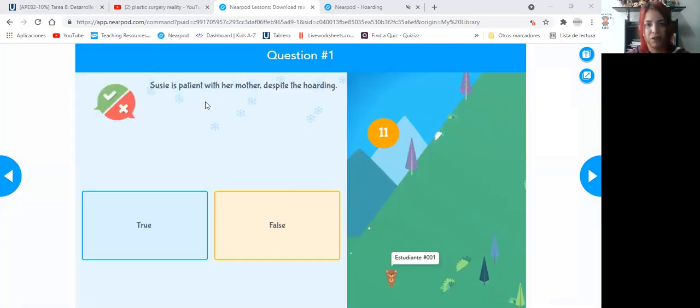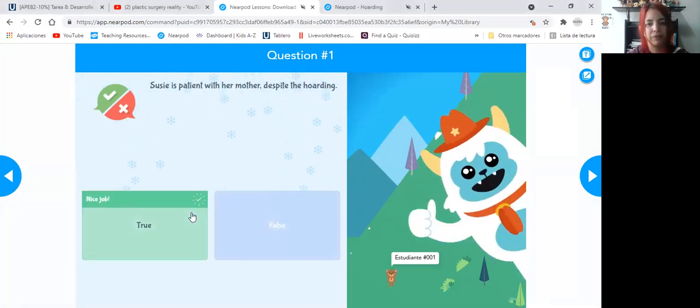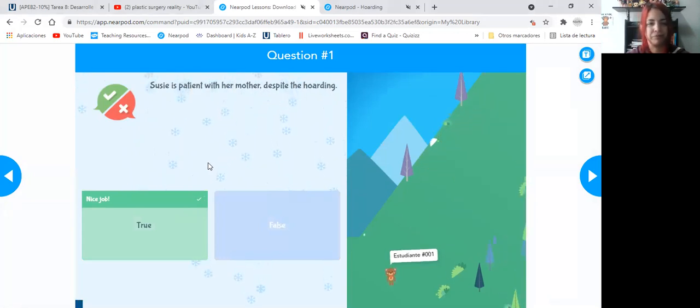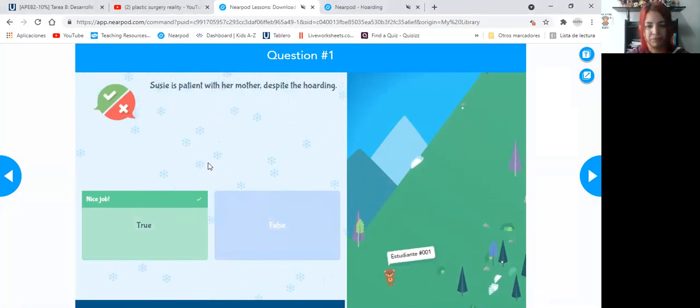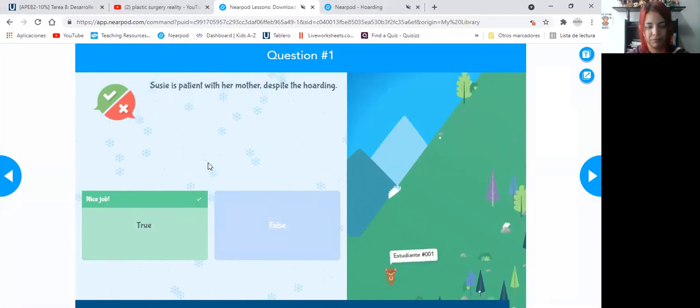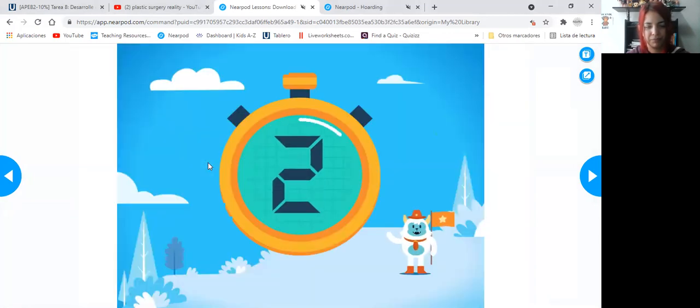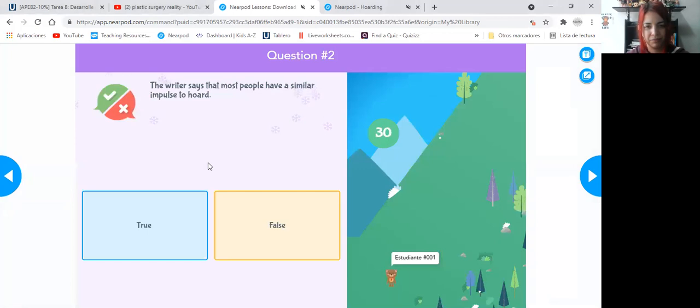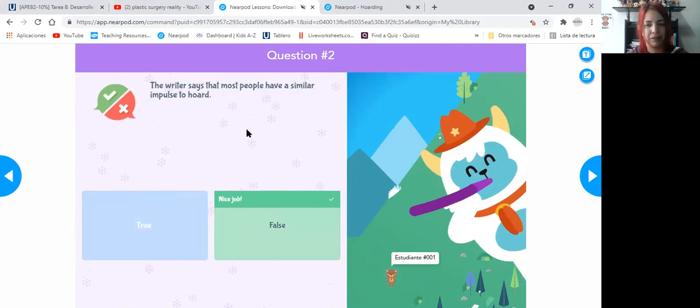Okay, so Susie is patient with her mother despite the hoarding. Very good. The writer says that most people have a similar impulse to hoard. No, that's false. He never says that. Very good.